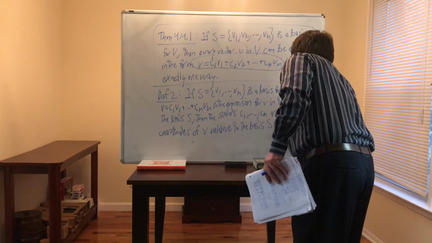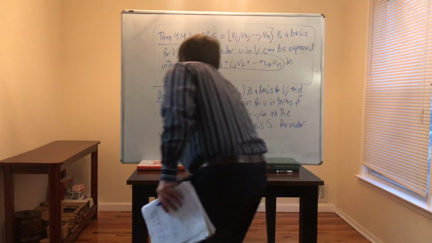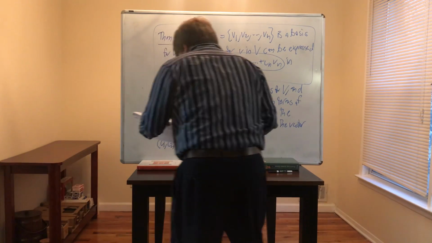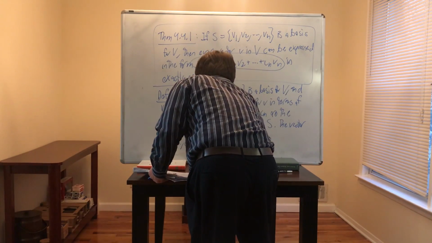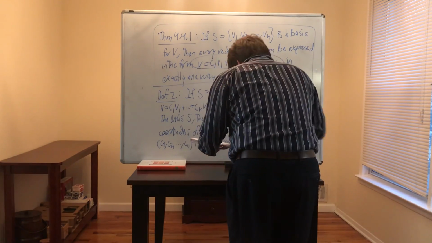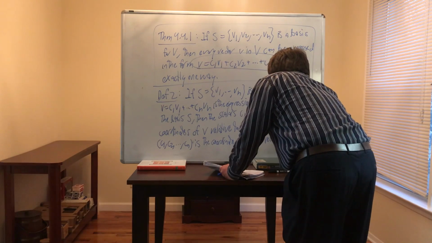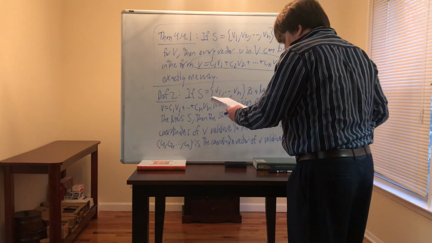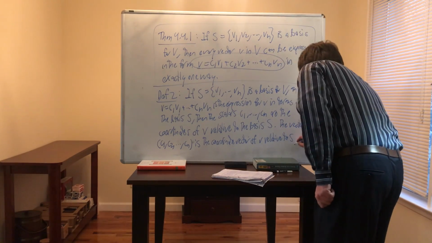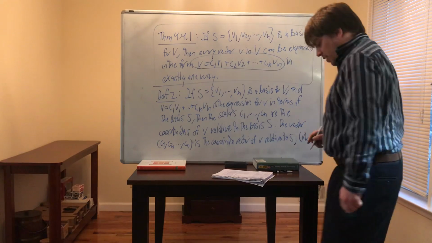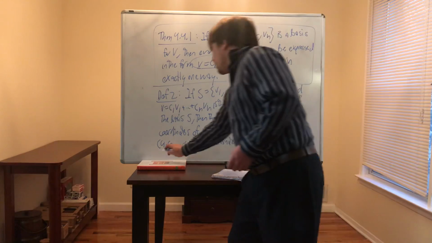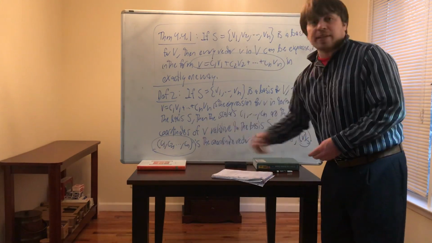The vector C1, C2, up to and including Cn is called the coordinate vector of v relative to S. The abbreviation is v in parentheses with the subscript capital S. So this notation is a notation for the coordinates of v relative to S. You would say this is equal to that.